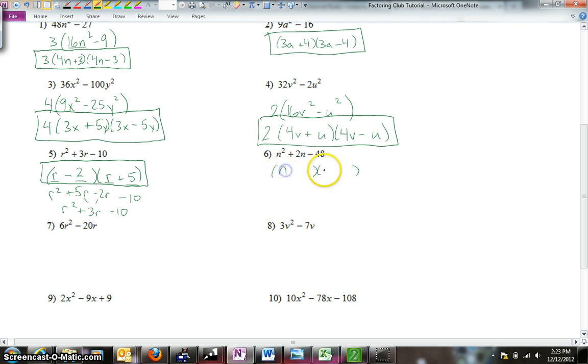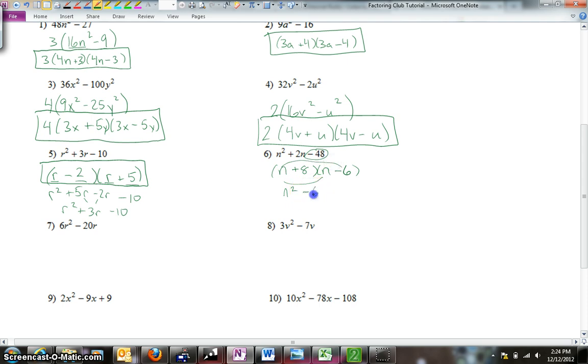Again, the same thing, this has to be an n, this has to be an n. Now I can try many different numbers that I can multiply to be negative 48. What are some two numbers that you can multiply to be negative 48? Let's see, let's go with plus 8 and minus 6. So we multiply there, we get n squared.